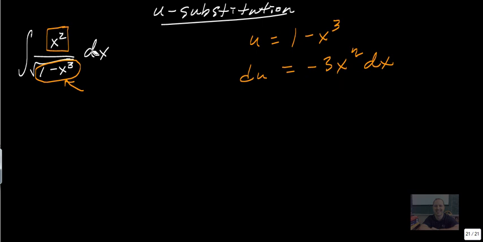Now, I have x squared dx here, so what am I missing from this integral? A negative 3. So let's say I have 1 over the square root of 1 minus x cubed, and we'll come back to this in a second. I have x squared dx.